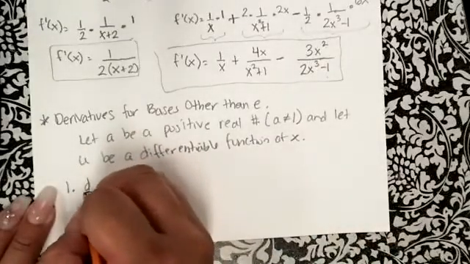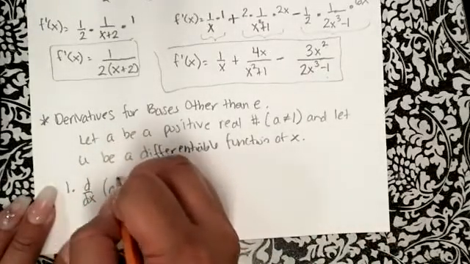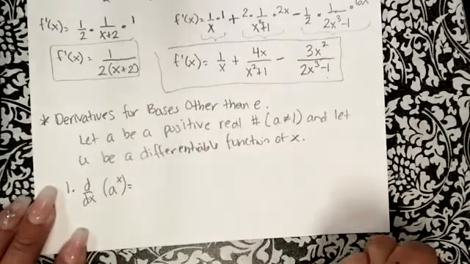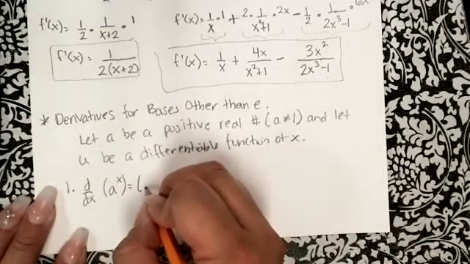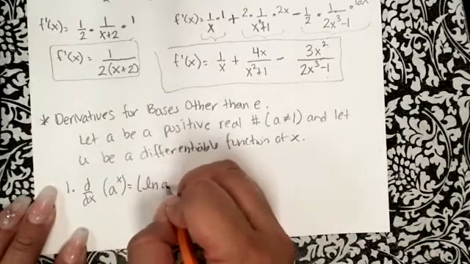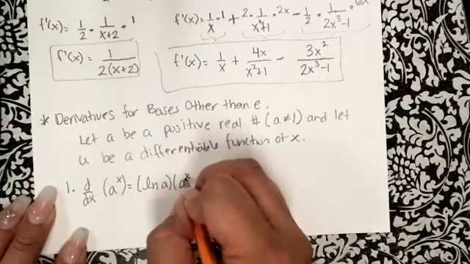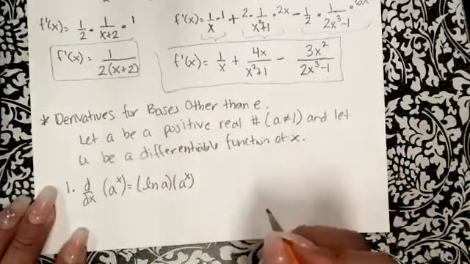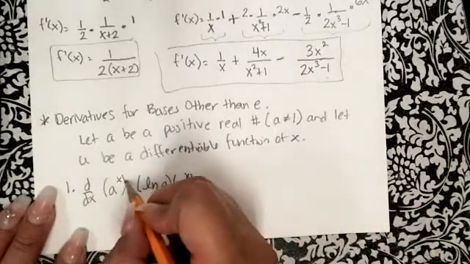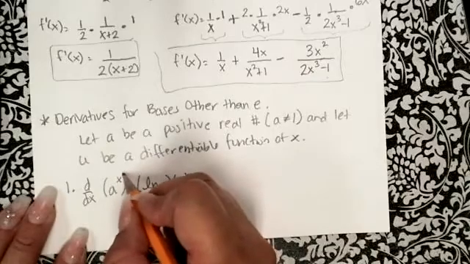So if you have the derivative of some number raised to the x, the derivative, you guys will have to memorize this, is going to be natural log of the number times the function itself. Now, let's say that the exponent was an actual function.